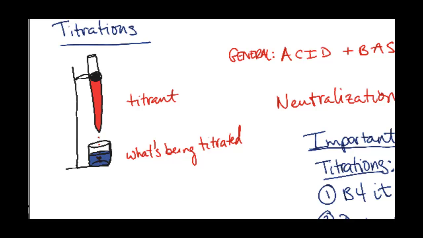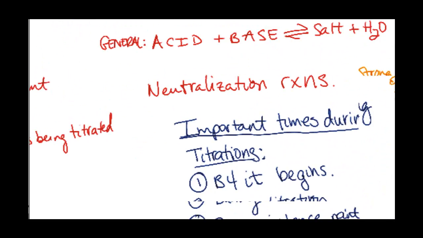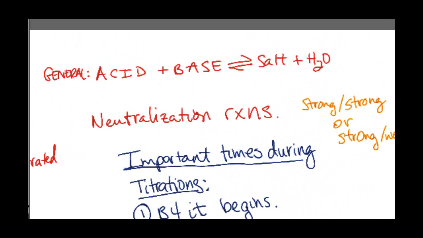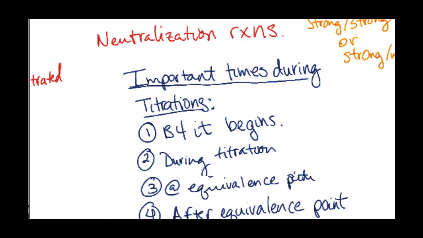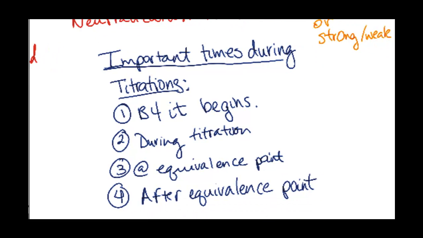So, to refresh your memory on a neutralization reaction, the general concept is acid plus base gives you salt plus water. And there are two types we're going to look at. The first type is going to be a strong-strong interaction, and the second type is going to be a strong-weak interaction. But in both of the types, there's going to be important times during the titration we're going to look at.